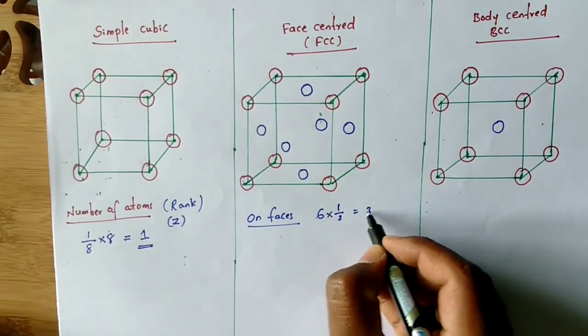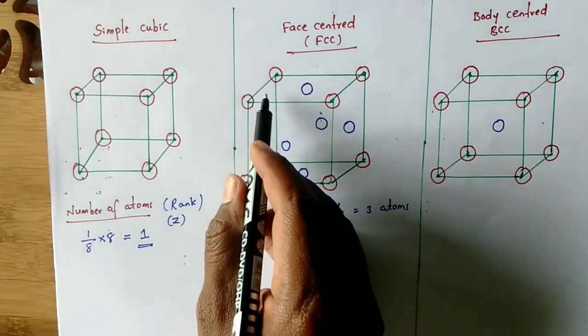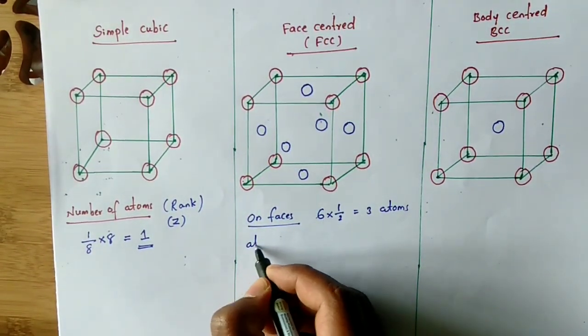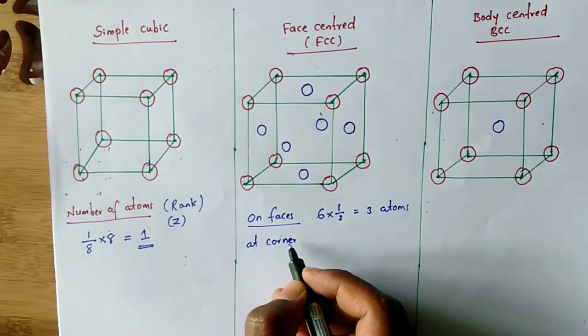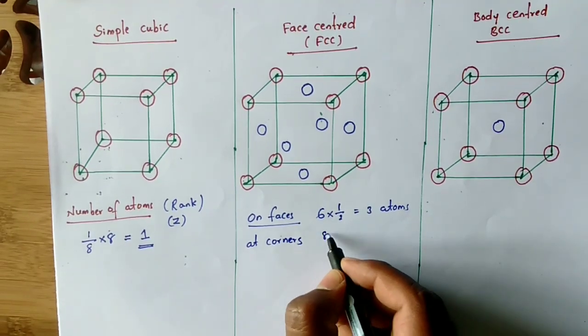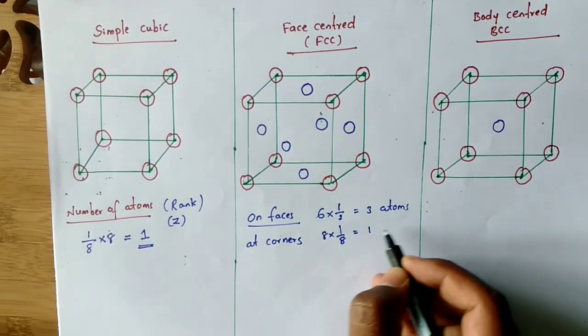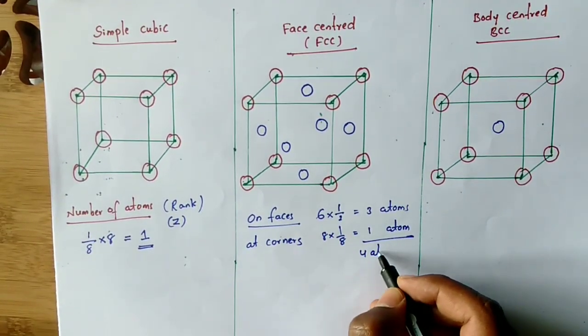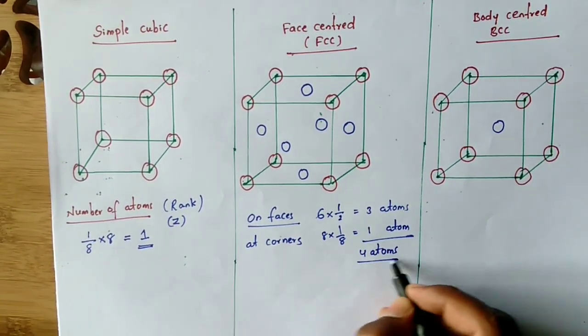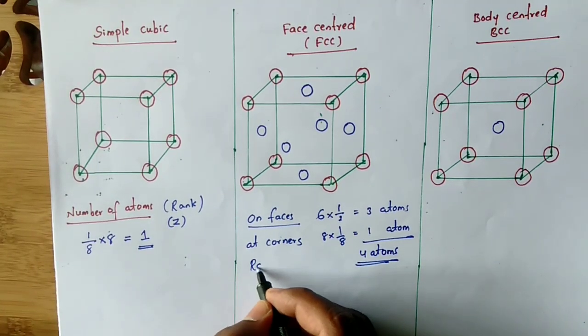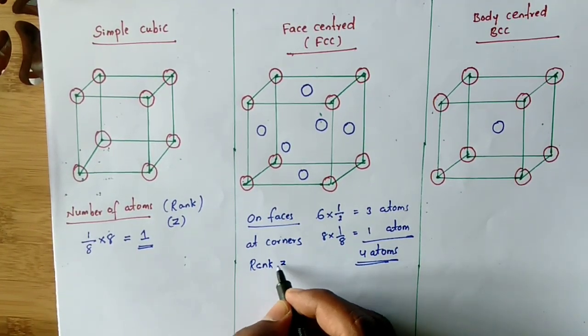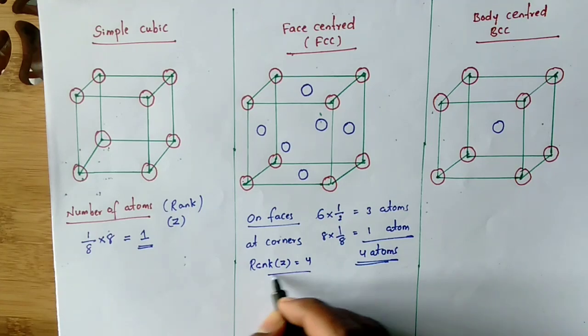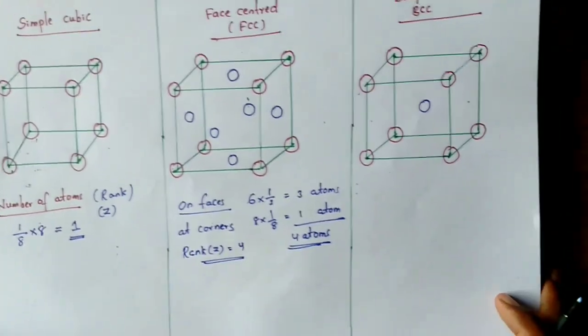So total 3 atoms. At the corners, total 8 are there, 8 into 1 by 8 is 1 atom. So the total number of atoms in face centered cubic is 4 atoms. So its rank Z equal to 4.